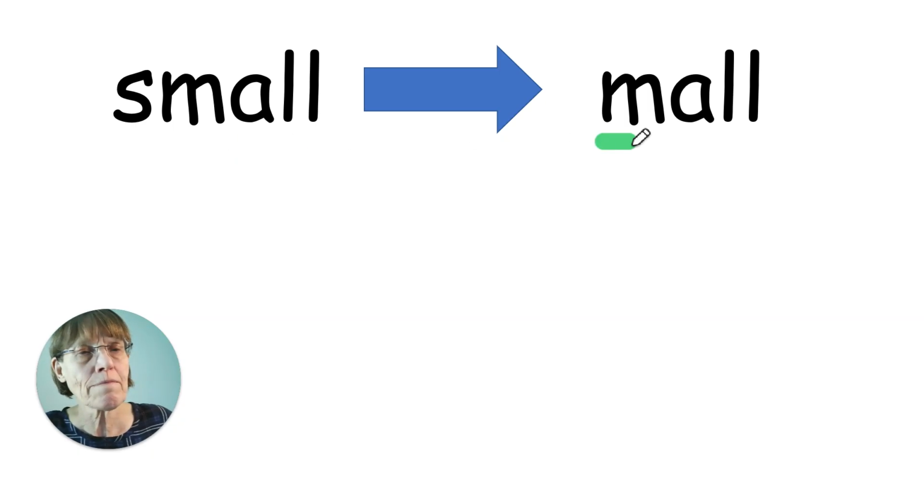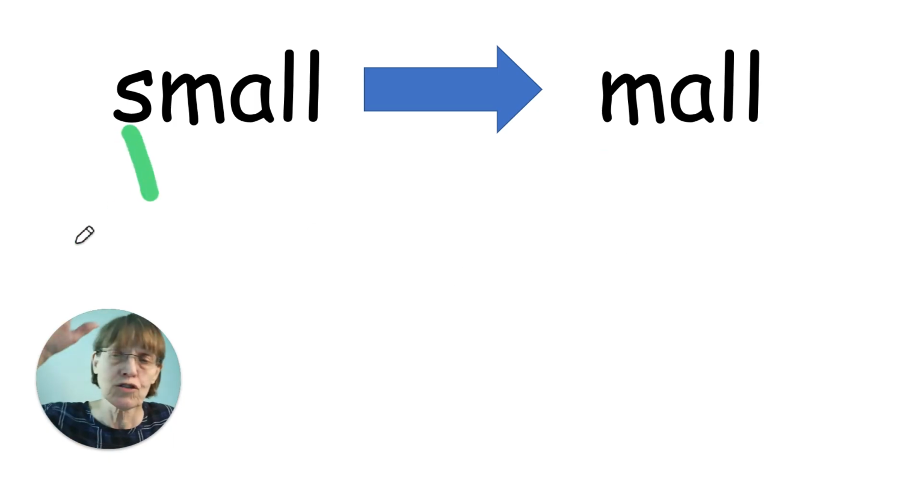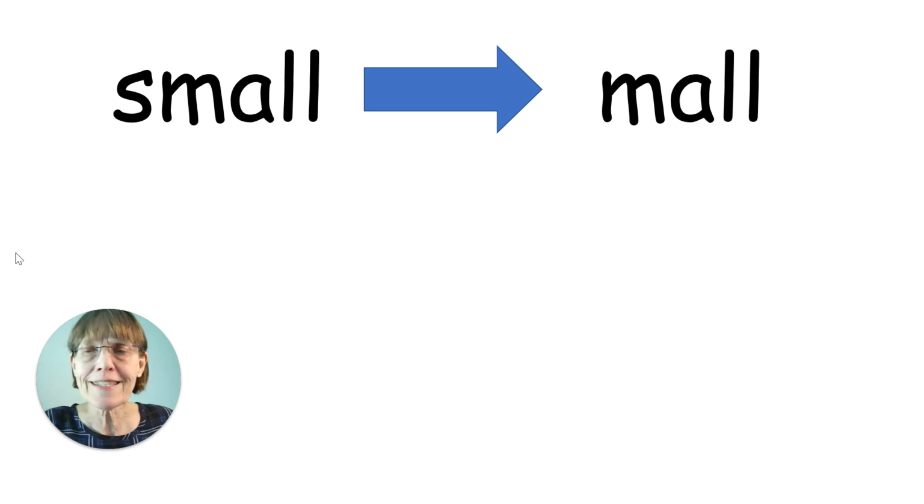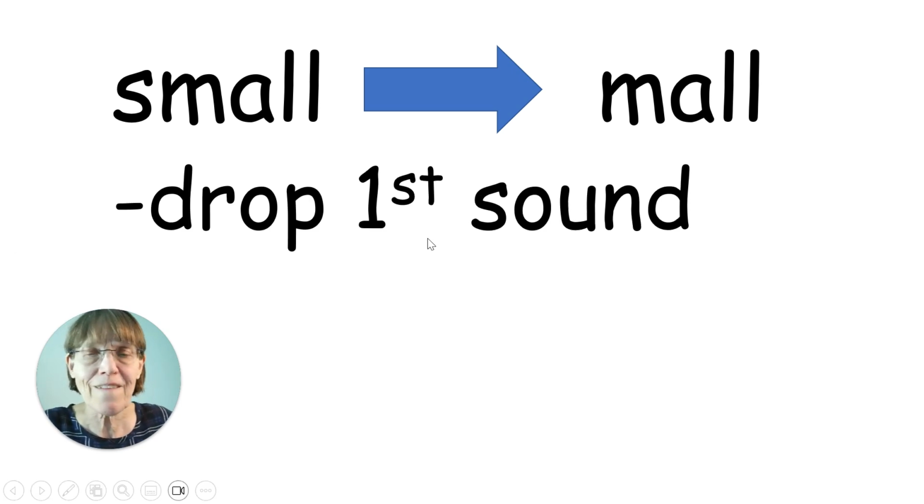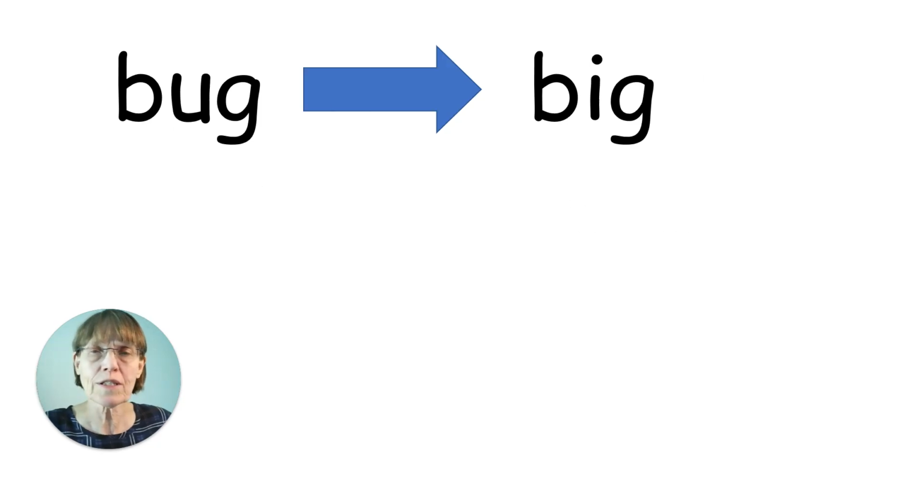And now we have the vowel and l, mall. So what happened? We dropped the S sound. The S sound is gone. We dropped the first sound. So now we have two different words.